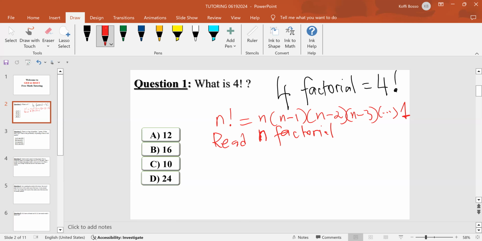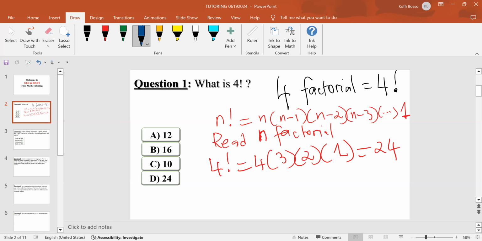So to be specific, when they say 4 factorial, that means you have 4 times 3 times 2 times 1. That gives you 24. Or for example, they say what is 3 factorial? This will be 3 times 2 times 1, and that gives you 6.